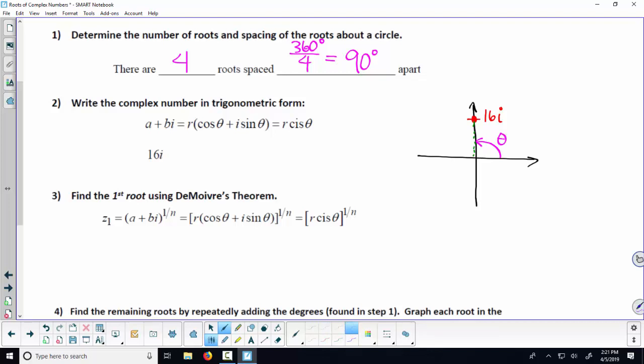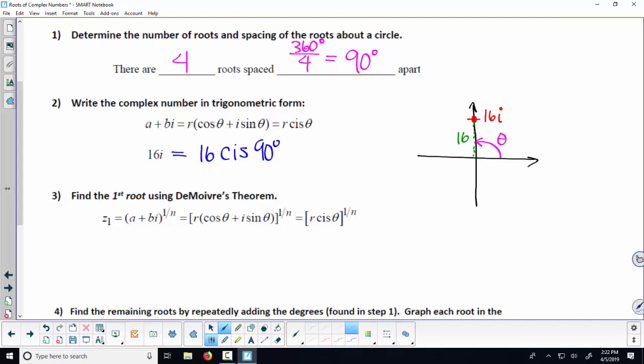So 16i can be written in trig form. Let's use compact form because it's so much nicer. R is 16. It's 16 units up on the imaginary axis. So R is 16, CIS, theta here is 90 degrees.